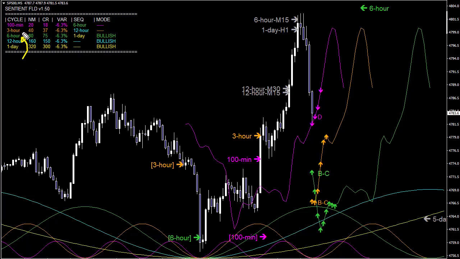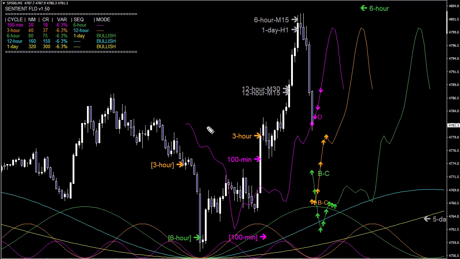We can extend it further down to the 3-hour cycle, and eventually, of course, we can extend it down further to the shortest cycle on your chart, the signal cycle. And that is why the principle of harmonicity and synchronicity is so important to the sentient FLD indicator and the way in which we trade it, because we use those principles in the background of our thinking when we are identifying trading opportunities.